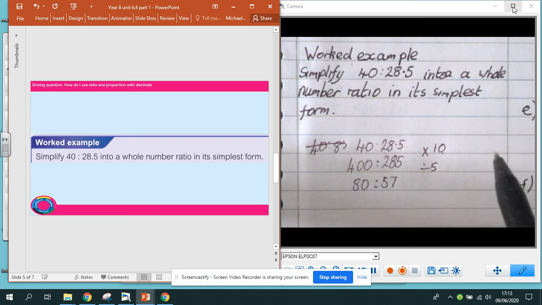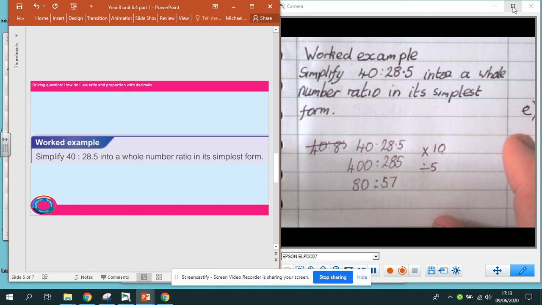Now, to check to see if I need to go any further, 80 is 2 to the 4th times 5 in prime factors. 57 is 3 times 19. There are no factors in common between these two numbers. Because of that, these are the simplest forms I can get. So my answer is 80 to 57.